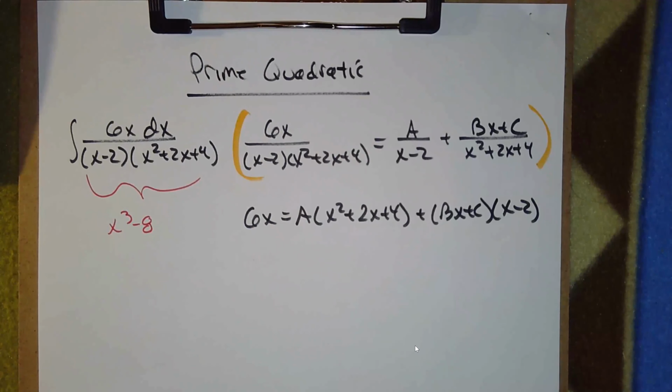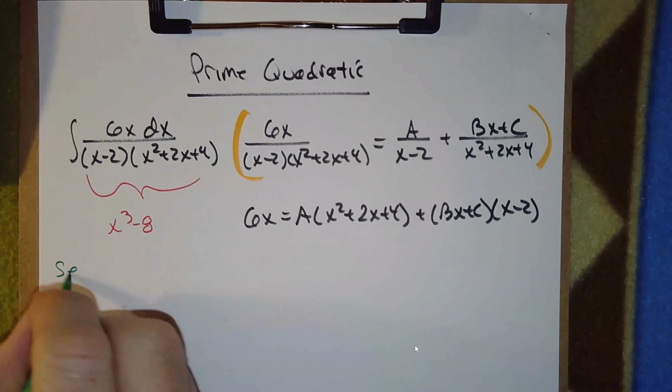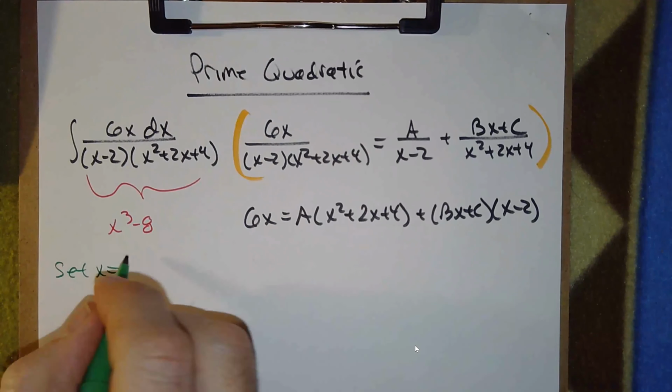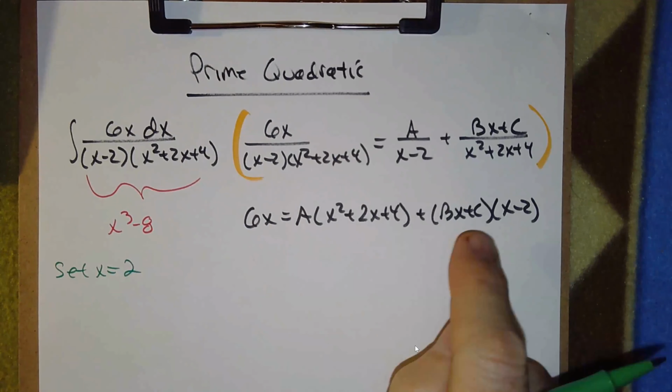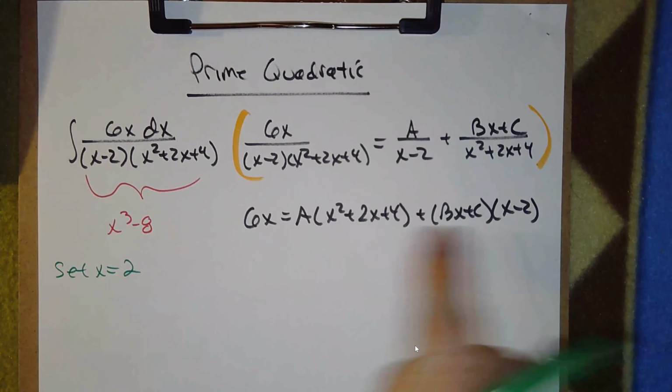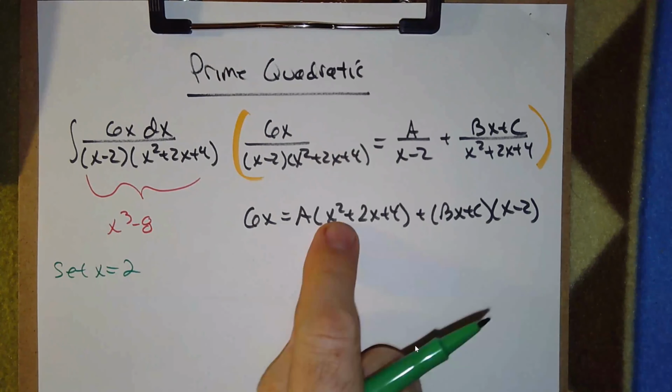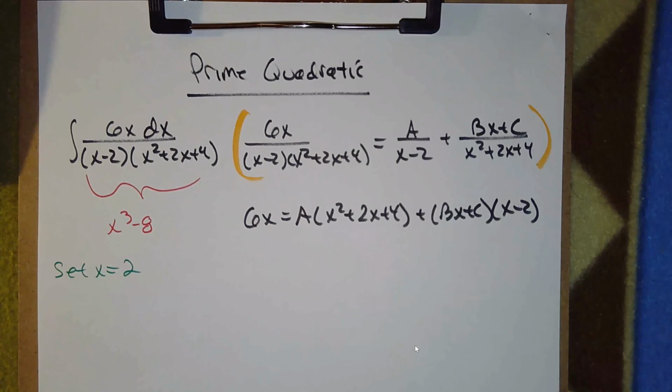Now, you can play some nice games and set x equal to 2. x equal to 2 will get rid of those and allow you to solve for A. And what you'll find is that A equals 1.